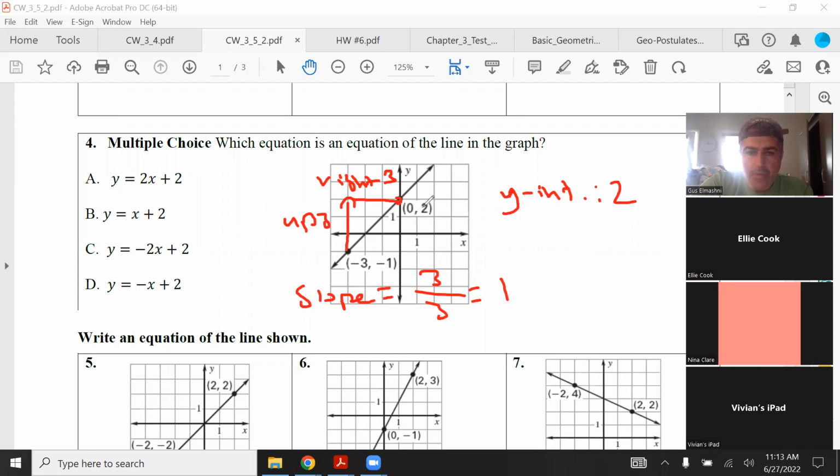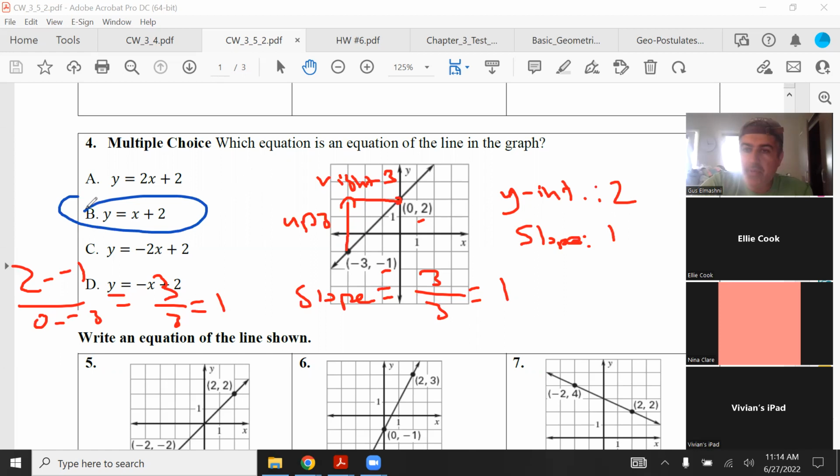Or you could do 2 minus negative 1 over 0 minus negative 3. You can do that too if you want. 3 over 3 is 1. So your slope is 1. The y-intercept is 2. So the answer is going to be B, y equals x plus 2.